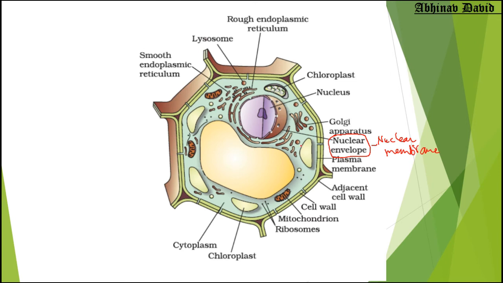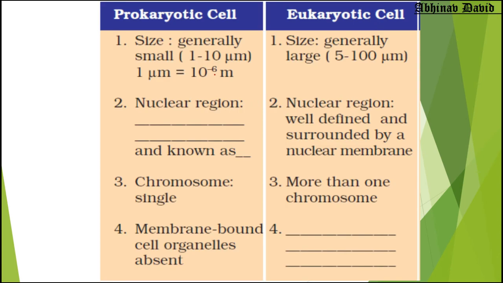Now this is a eukaryotic cell. You can see all the cell organelles are present here. These cell organelles we are going to study in the next part. So what is the difference? The first difference is size. Prokaryotic cells are generally small, 1 to 10 micron.